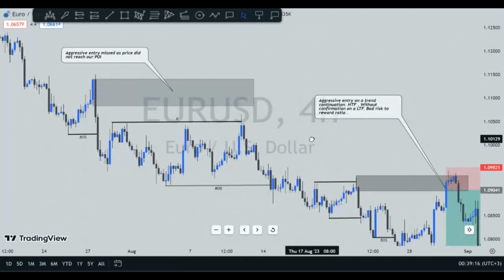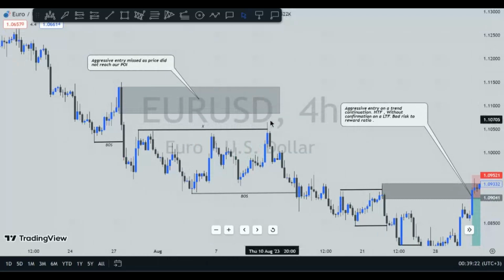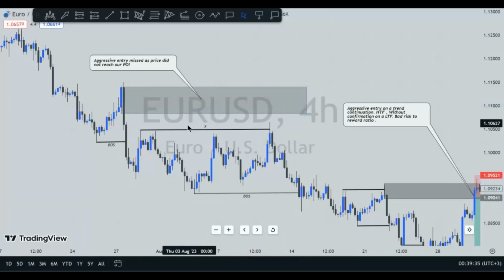Now I'll show you an example of a missed aggressive entry on a POI. This is an example. After the break of structure, price left inefficiency behind, and then I mark this order block here.